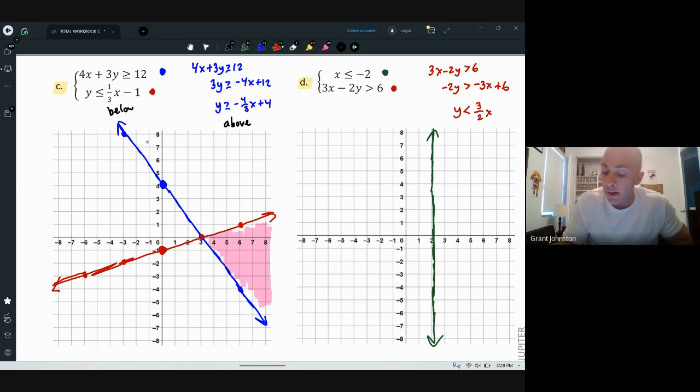And then 6 divided by -2 is -3. Okay, so y-intercept's -3. Slope is 3/2, so up 3/2. So we're going to have a dashed line.